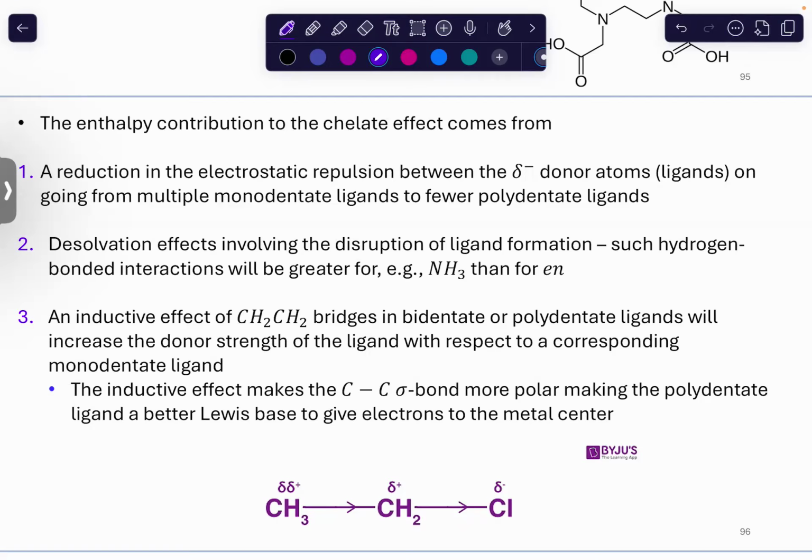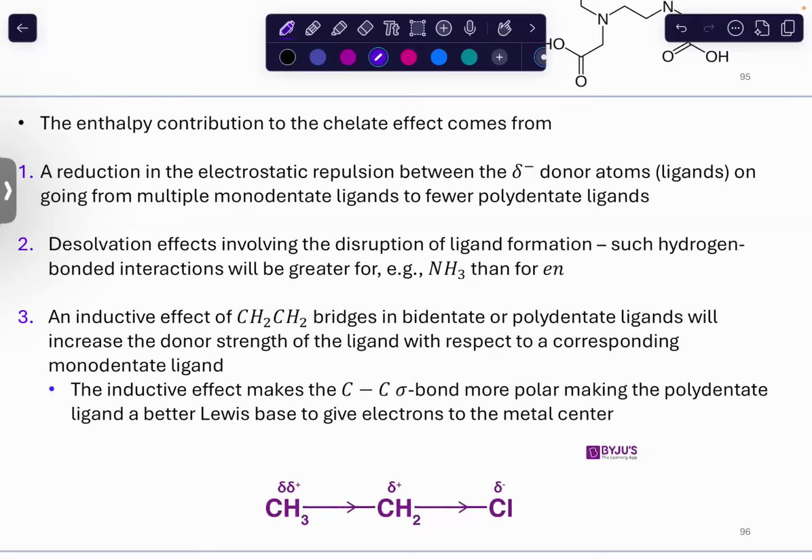Let's see, we get inductive effects, so you see the ligands with your CH2 bridges. Polydentate ligands will increase donor strength of the ligand with respect to a corresponding monodentate ligand. So what do we mean by donor effect?